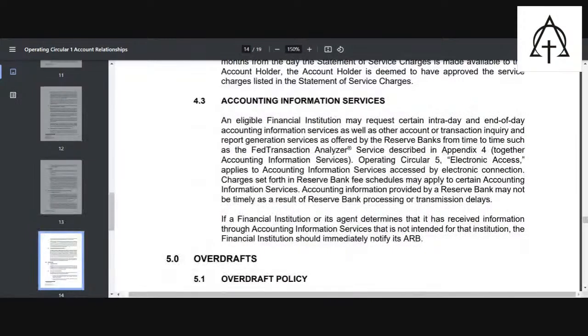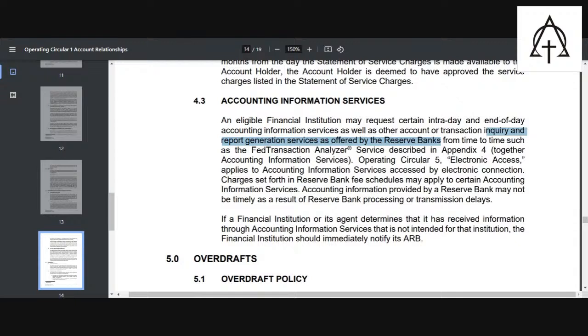Accounting information services. An eligible financial institution may request certain intraday and end-of-day accounting information services, as well as other account or transaction inquiry and report generation services as offered by the reserve banks from time to time, such as Fed Transaction Analyzer Service, described in Appendix 4.